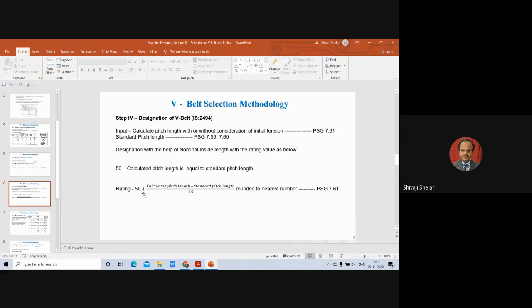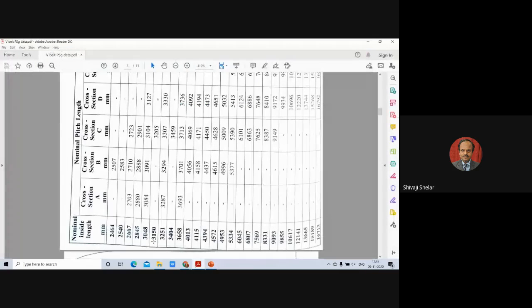When we designate a belt, suppose the designation of this belt is 3048 slash the rating. Suppose the calculated length is lesser by 5 mm than this value, then the rating will be 48, because each 2.5 mm short means one rating less. If it is exactly equal to 3104, then the rating is 50. So instead of 50 we will go for 48 if it is lesser by 5 mm.